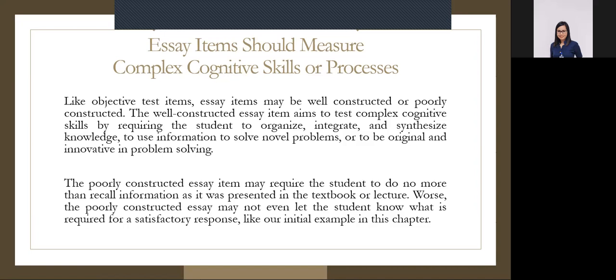The poorly constructed essay item may require the students to do no more than recall information as if it was presented in the textbook or lecture. Worse, the poorly constructed essay may not even let the student know what is required for a satisfactory response, like our initial example in this chapter.